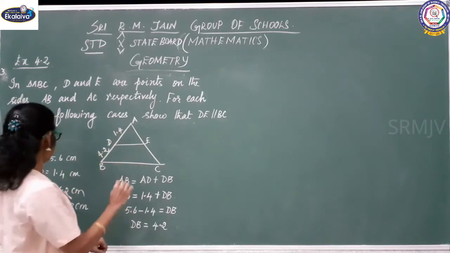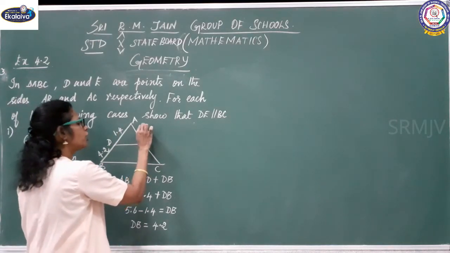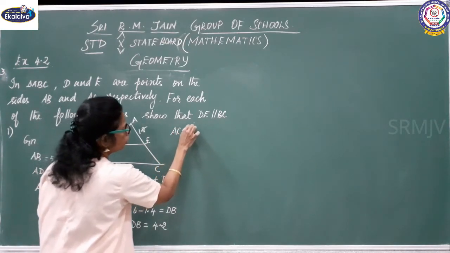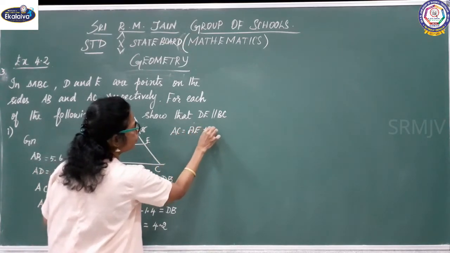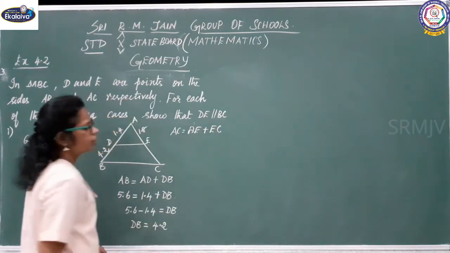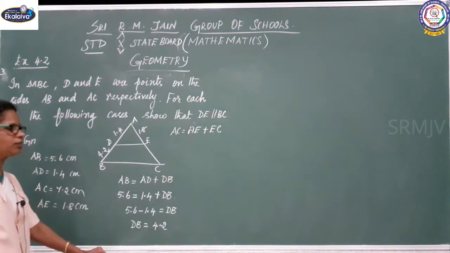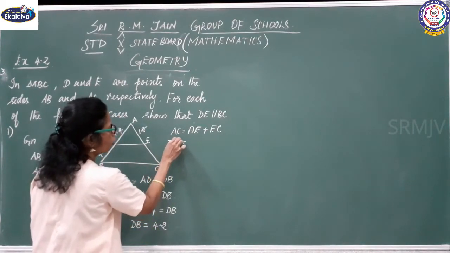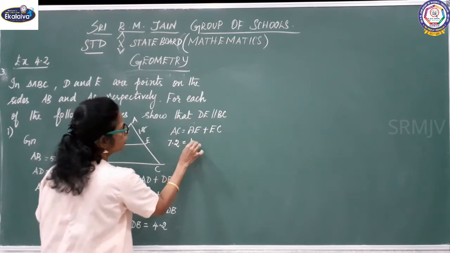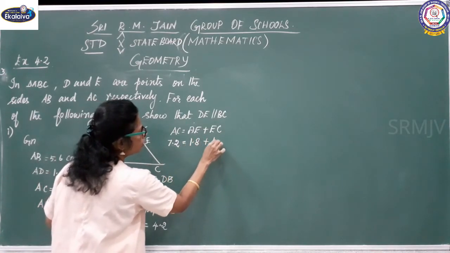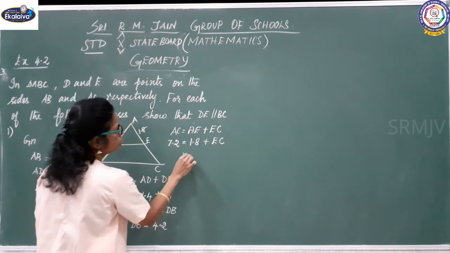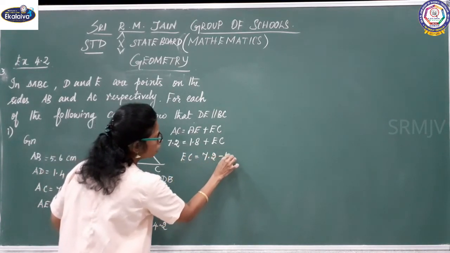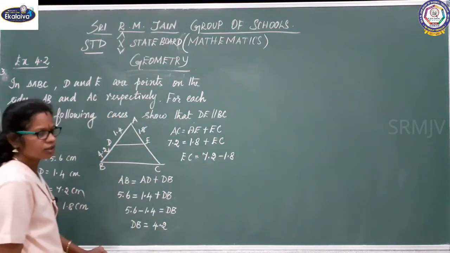Next, AE equal to 1.8. AC equal to AE plus EC, which is equal to AC is 7.2, AE is 1.8 plus EC. EC equal to 7.2 minus 1.8, right?